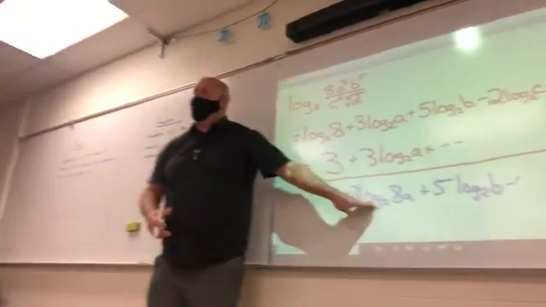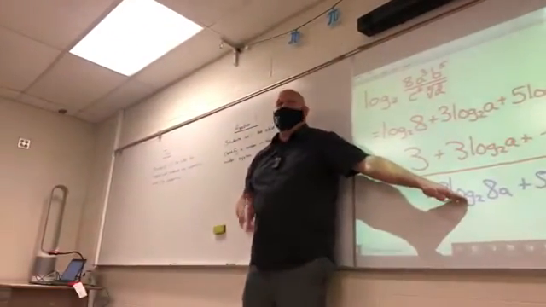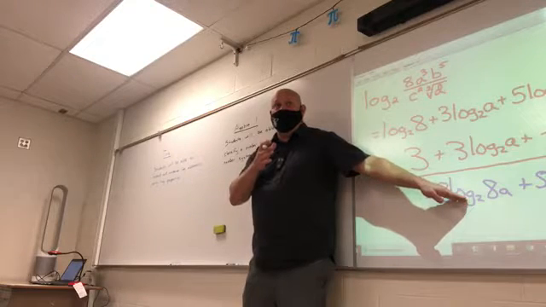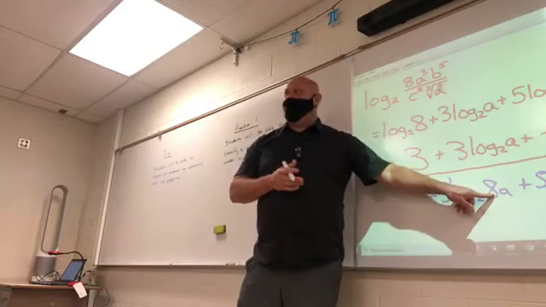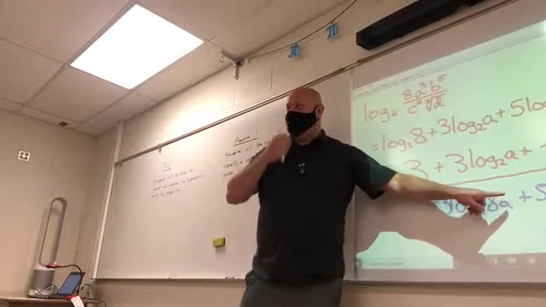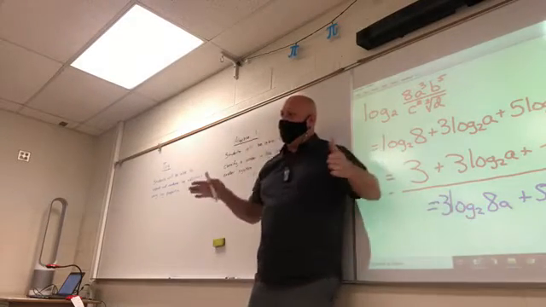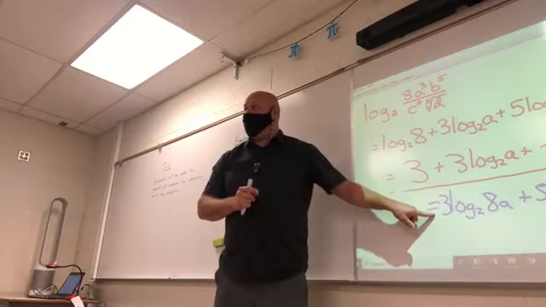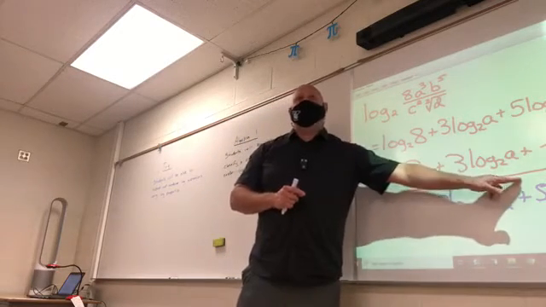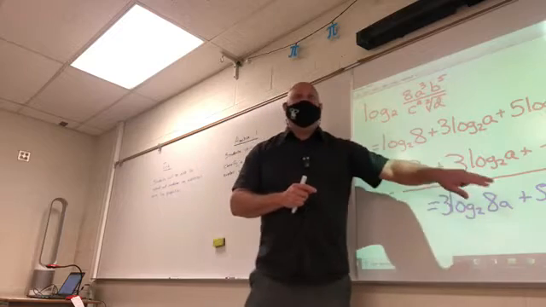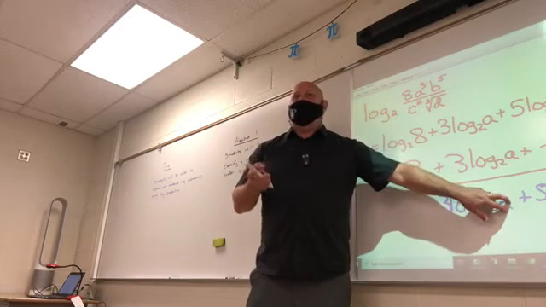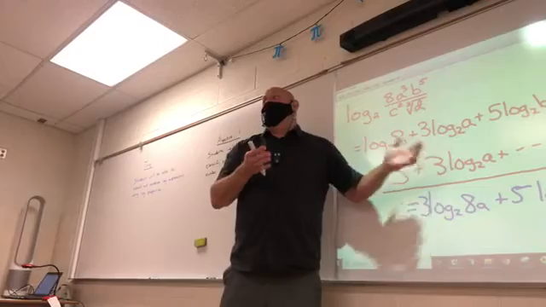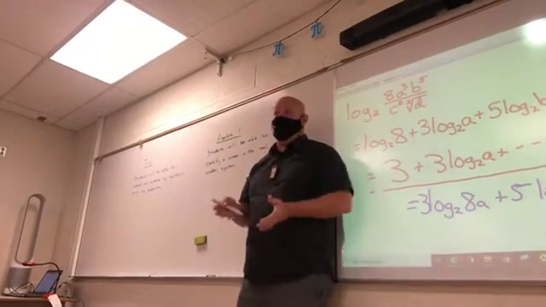What's wrong with this? The 8a, the a is included. Yeah, I should have a different log for the 8 and then a different one for the a. Separate those. Plus, this actually isn't even the same, because if I put that rule back in place where I move that exponent, shouldn't both the 8 and the a be raised to a third power? So this isn't even technically mathematically correct.